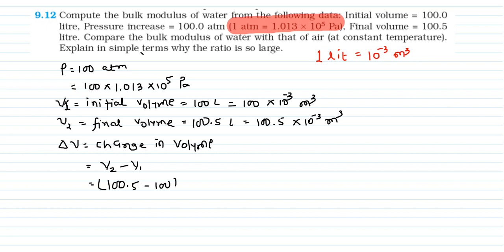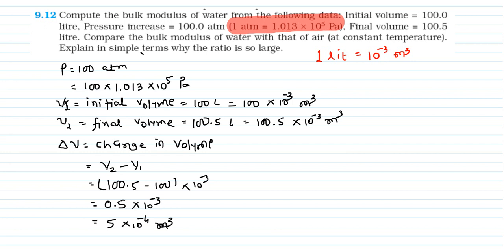The power will be 10 raised to minus 3, that is equal to 0.5 into 10 raised to minus 3, that is 5 into 10 raised to minus 4 meter cube. Right friends, so this will be your data only. Next, you want to find out what? You want to find out the bulk modulus.